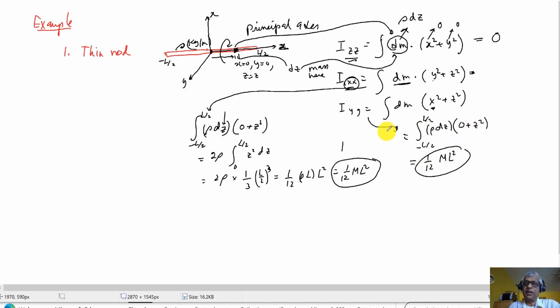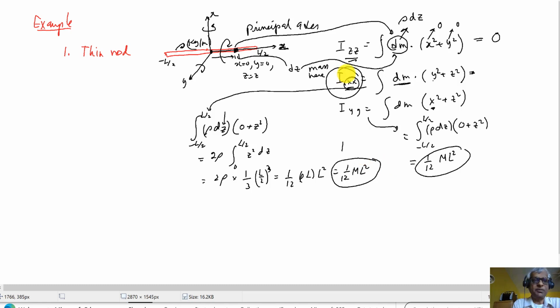So I set this up, but you can see from the symmetry, if I rotate, this I xx will go with this, and then I yy will go with this, and the situation is completely symmetric. The whole rod is going around, and this whole rod is going in that way. So I could have said this equals the same.